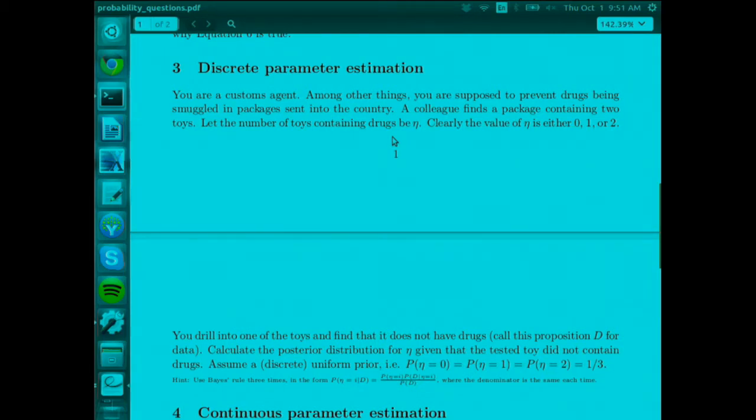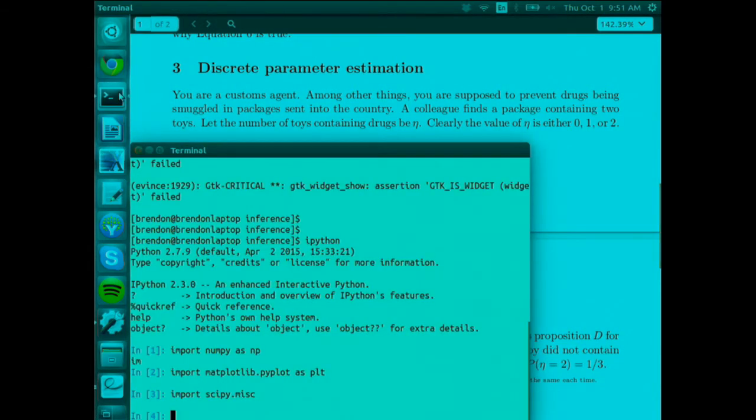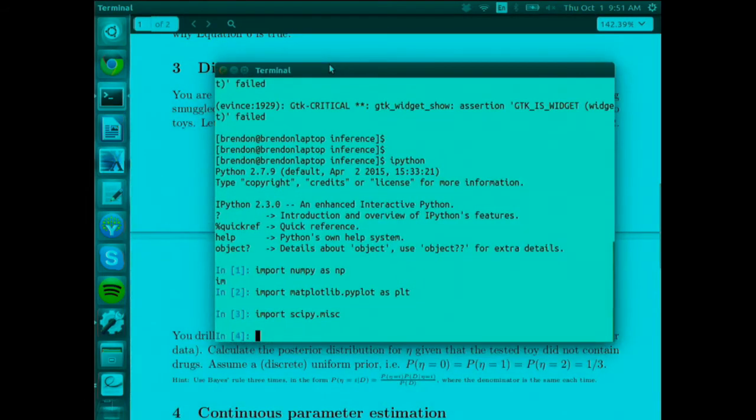So forget about prior. How are we going for time? Okay. So I'm going to go through the solution now to this problem.